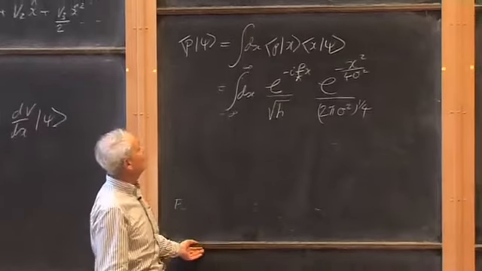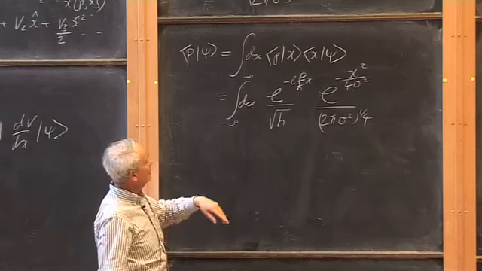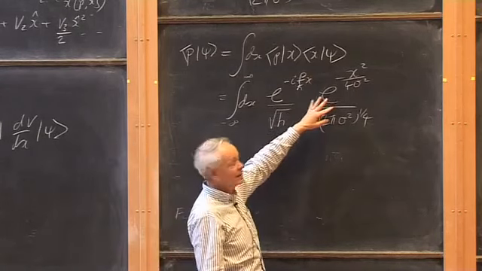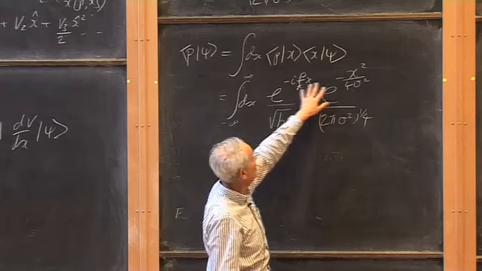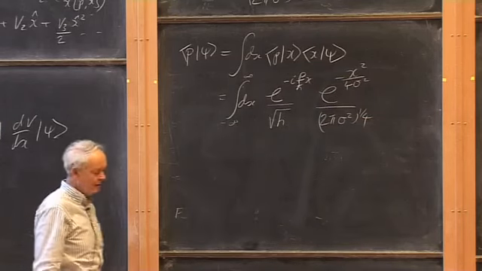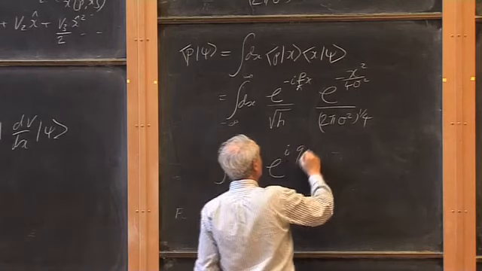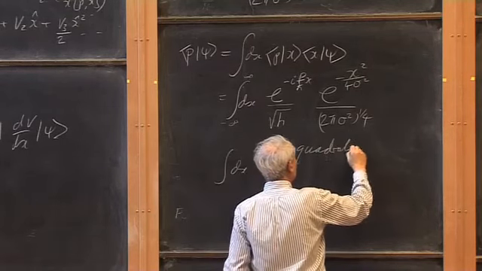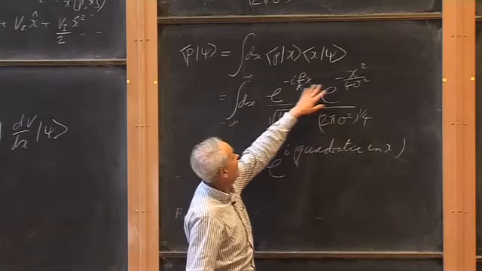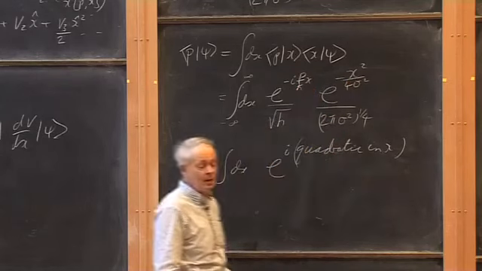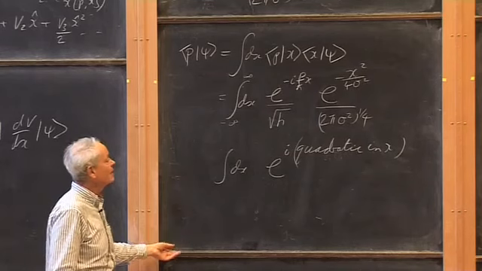Now, physics is full of integrals of this sort, and there's a box in the book explaining how to do them. I don't want to take the time to go into the sordid details now, but all you do is you gather all these exponents of the exponential together, and what we've got here is an integral dx of e to the i quadratic in x. If you gather this together, there's a linear term and there's a quadratic term. So you can express that as e to the i quadratic expression in x.